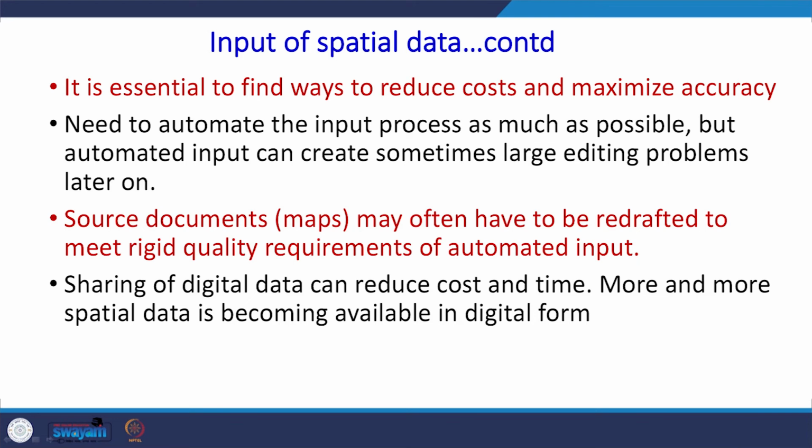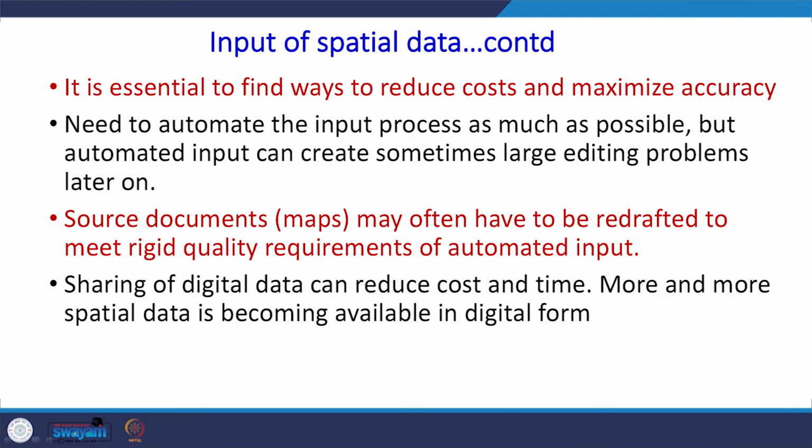Source documents may often be redrafted to meet the more rigid quality requirements of the automated input. So sometimes, in order to have the automated input, you have to modify the source document. And sharing of digital data is a very effective method by which we can reduce the time and the cost also.